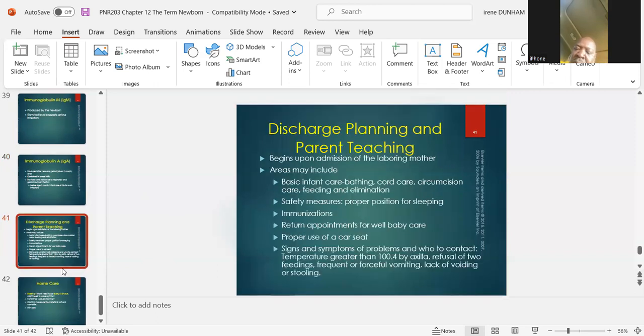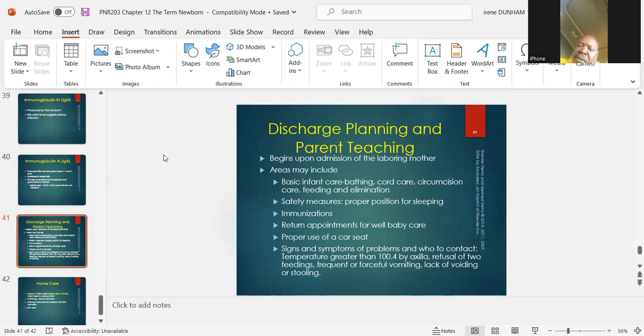So, and then you have discharge planning. Okay. So remember, we start discharge planning for both mom and baby right on admission, okay? And so we have to make sure that mothers know how to do basic care, okay?